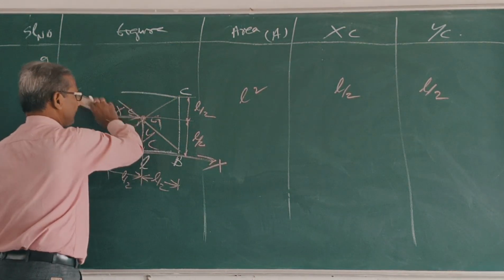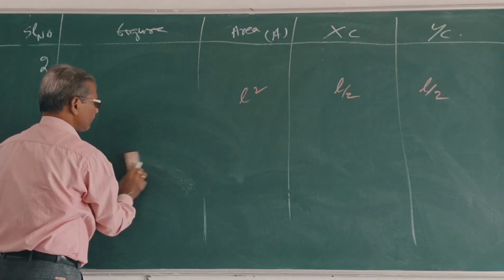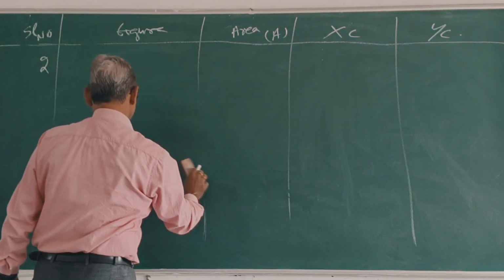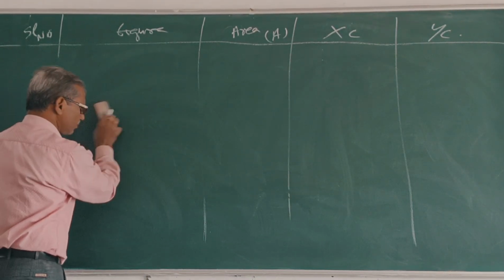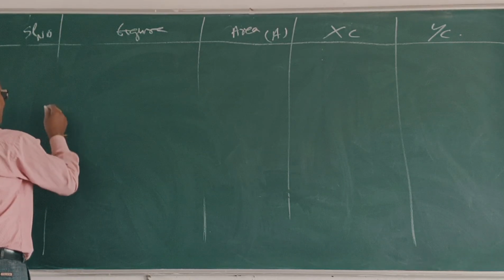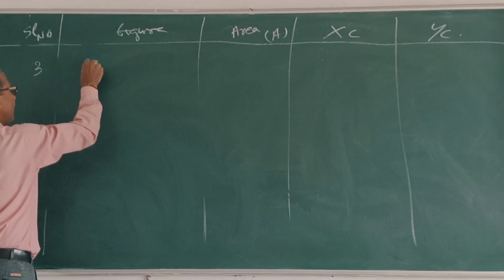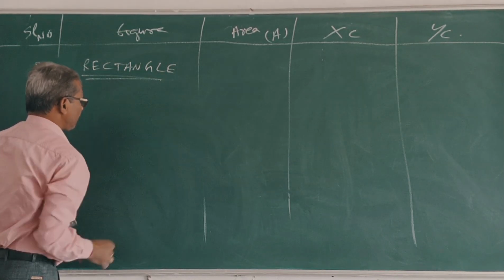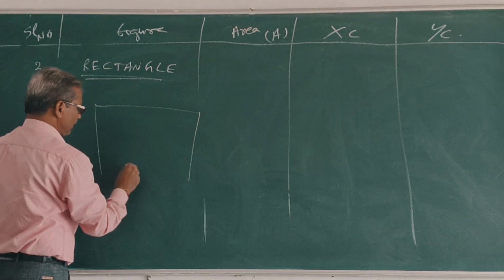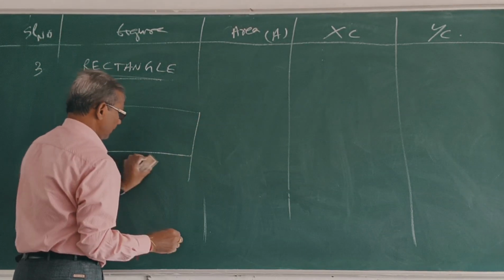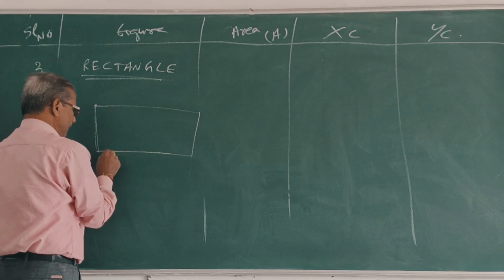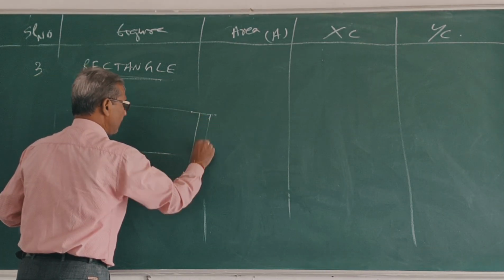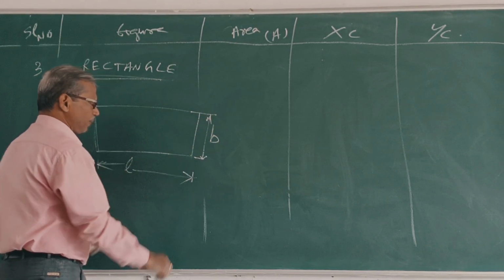Now, rectangle. So this is rectangle. In this rectangle, this is breadth B. Find the CG of the rectangle.